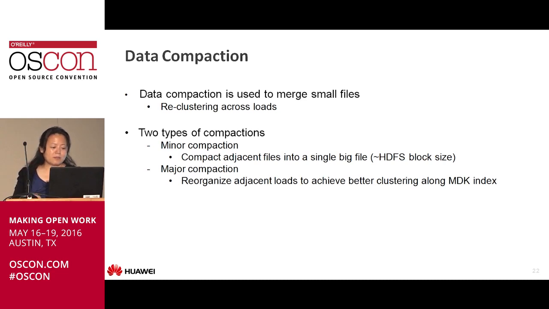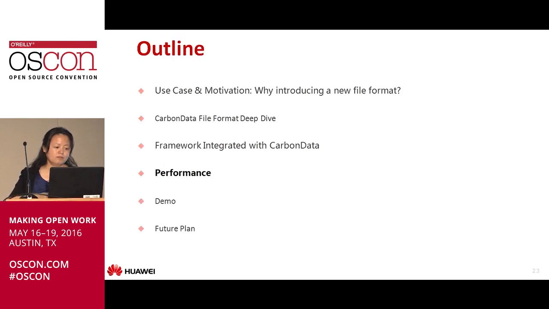One is minor compaction, where we only compact adjacent files into a single big file with the size of an HDFS block. Major compaction, on the other hand, is a way for you to reorganize adjacent loads, maybe multiple partitions, to achieve better clustering along the MDK index. Now we're going to move on to take a look at the performance results we have collected.